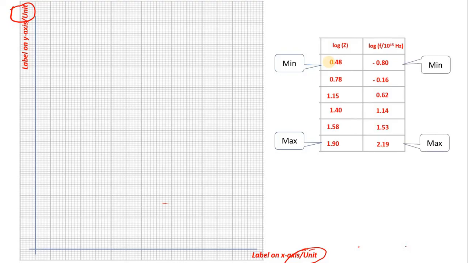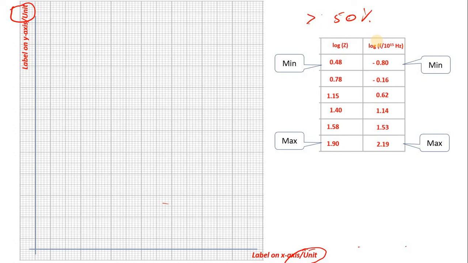This is the minimum and maximum values of the second axis. So choose an appropriate scale so that you cover, remember, more than 50% of the region. 60, 70 doesn't matter. If you draw a small graph, or the region covered is less than 50%, you will lose 1 mark.